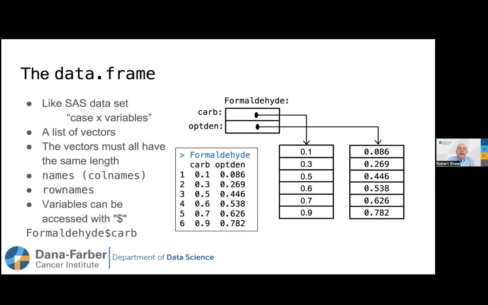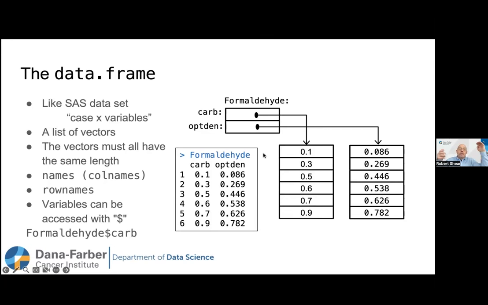Finally, the data frame, which, no matter what language you're in, if you're a statistician, is kind of home base. I'm going to go back and show you one more thing. So yes, cases by variables. And it's a list of vectors. Under the covers, it's a list of vectors.